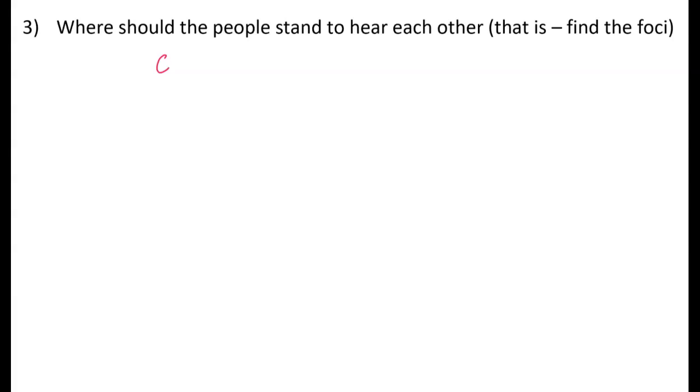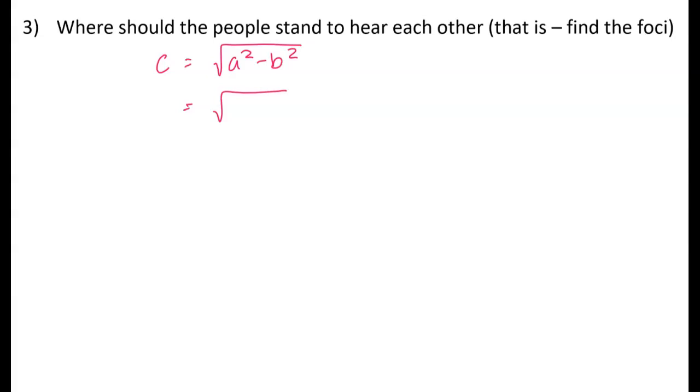However, because this is just in a room and we want to know where to stand in the room, instead of taking C and adding and subtracting it to get the coordinate point, we're just going to find C and say we need to stand blank distance from the center. That's how we would apply this to real world. Because it's not necessarily on a coordinate plane, right? A room isn't. So, first we're going to solve for C by taking the square root of A squared minus B squared. A was, what was it?